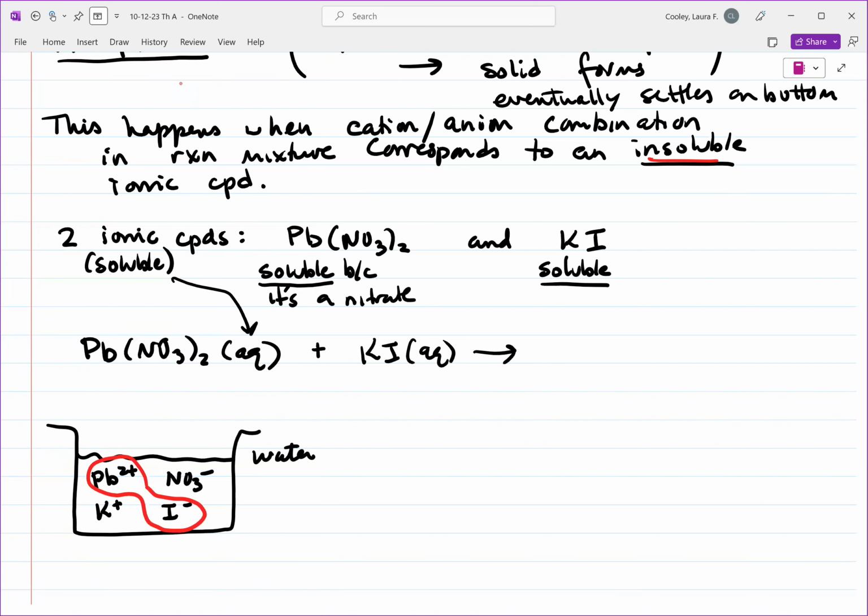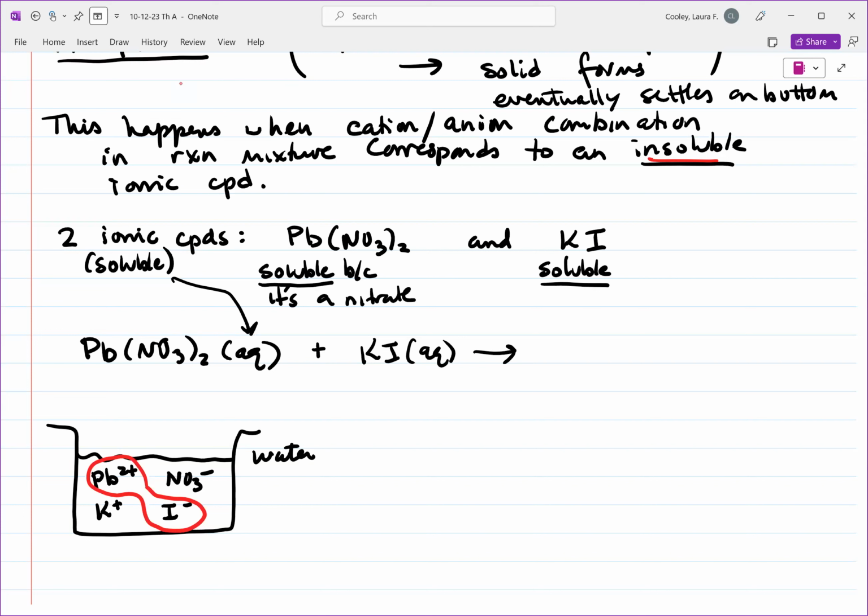So the thing is, when a lead ion and an iodide ion come together, instead of just sort of bouncing off each other and floating around a little more, they stick. I know that because I know that lead iodide is insoluble. So there must be something that makes it insoluble. And that something is that the ions in a compound like that are attracted to each other more than they're attracted to the water molecules around them, because all ions attract water molecules.